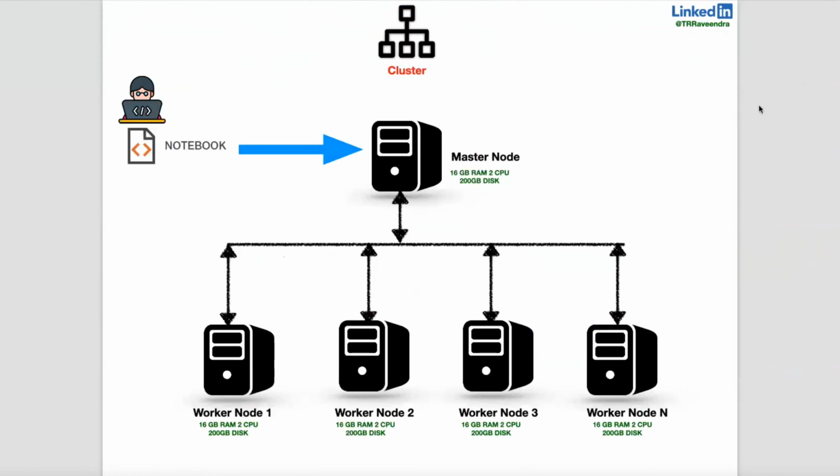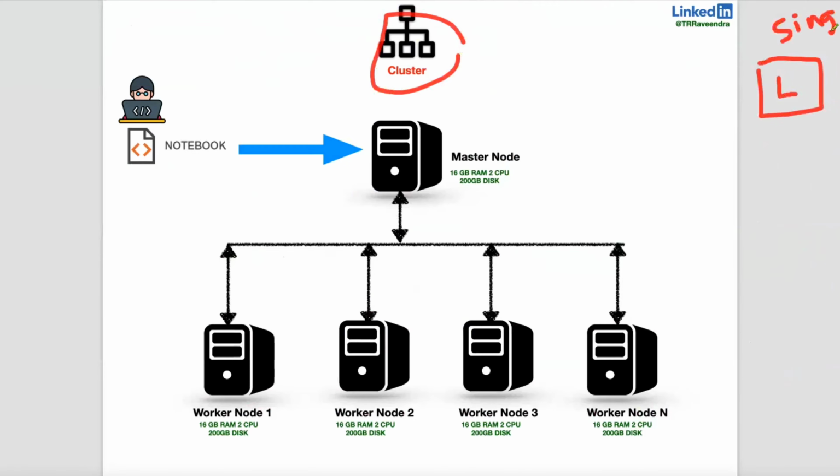Next one, cluster. So what exactly is a cluster? When you talk about a huge compute, a cluster can have nodes. Each node is 1 VM. In this scenario, a cluster is a huge compute. Consider you have a laptop. That laptop we will call a single node cluster.